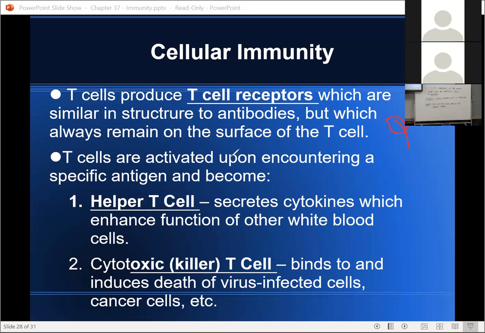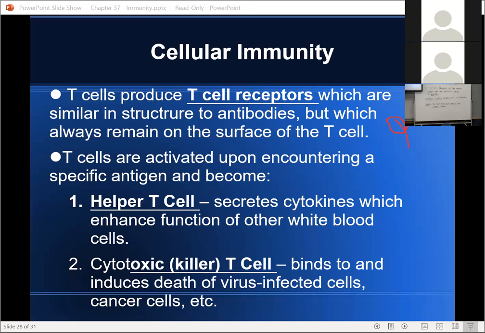T cells are activated upon encountering a specific antigen. Again, the specific antigen is going to bind to the end of the T cell receptor, just like it would bind to one of the arms of an antibody. Helper T cells secrete cytokines, which enhance the function of other white blood cells.